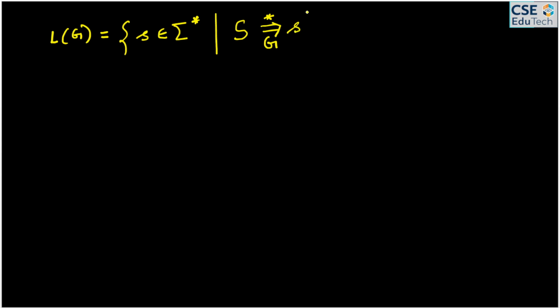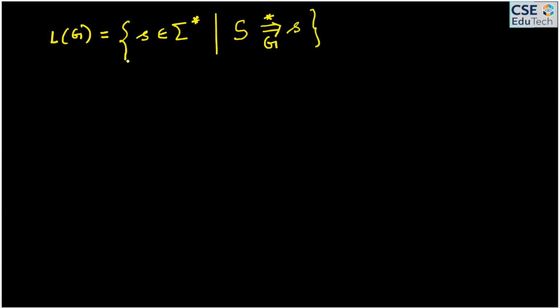Now we define the language generated by this grammar. Formally we can define it by saying that S belongs to sigma star, because basically this string should be formed only by using the terminal symbols, and from the start symbol S, by any number of substitutions with the grammar G, it will generate this.